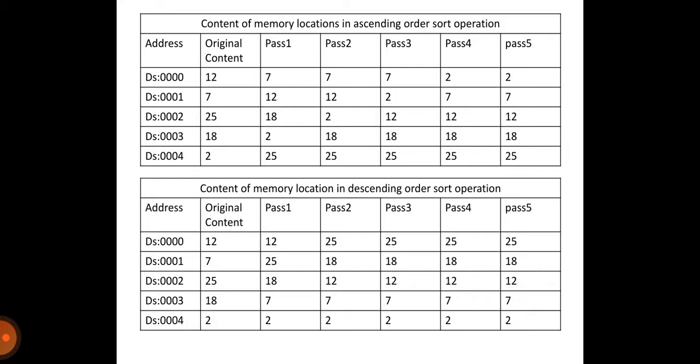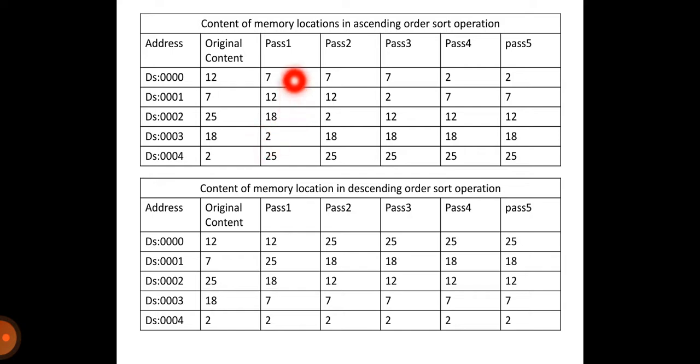Here are some examples that are asked. If the data segment, meaning the array elements, are 12 7 25 18 2, then in the first pass 12 is compared with 7, 7 will come first, then 12 will be compared with 25, no change, 12 will be as it is. 25 is compared with 18, 18 comes first, then 25 is compared with 2, 2 comes first.